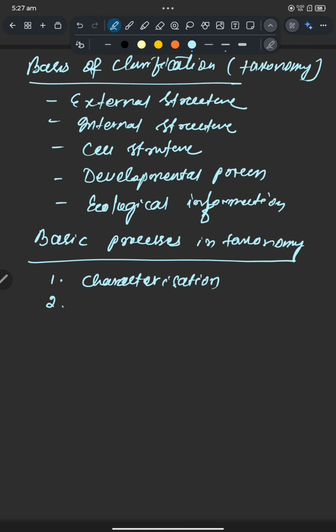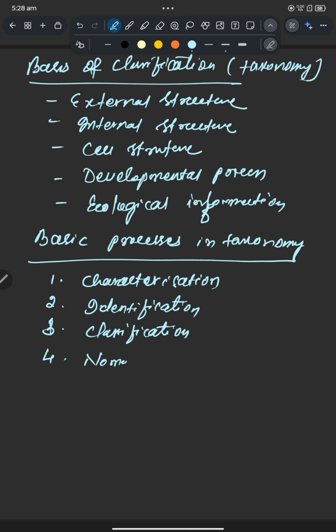After that, we can identify the organism. So that is identification. Once the organism is identified, now it can be classified. The next step is classification. Once it is classified, whether it is insect, whether it is crustacea, basing on that, we can now give a specific name to this organism. That is nomenclature.